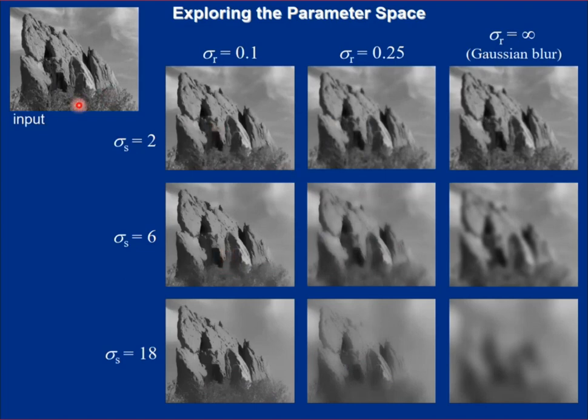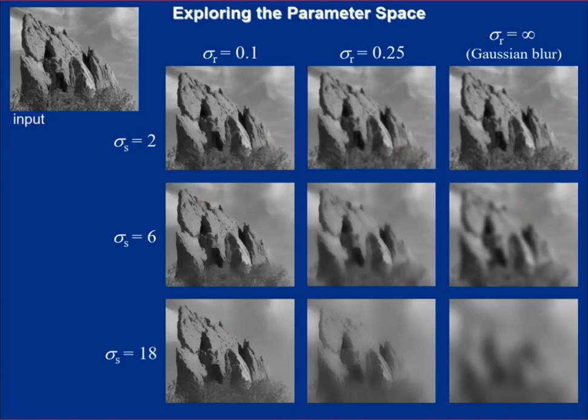Given an input image, we will try 3 different range parameters, 0.1, 0.25, and very large, infinity. Then you will get the 3 different ranges. And then you try the space kernel size 2, 6, and 18. You will generate different images.